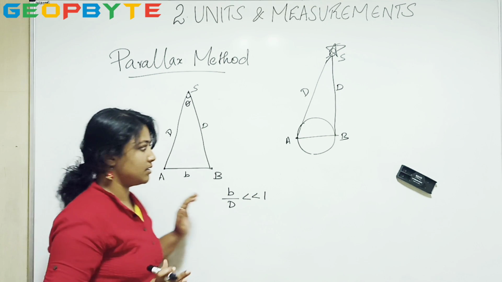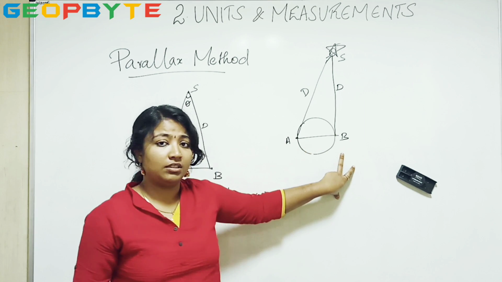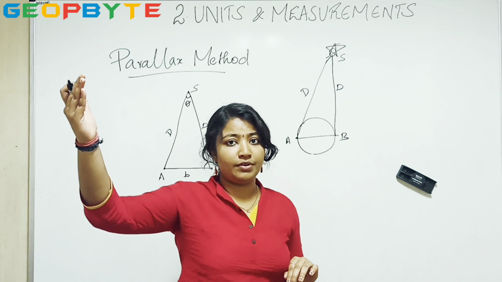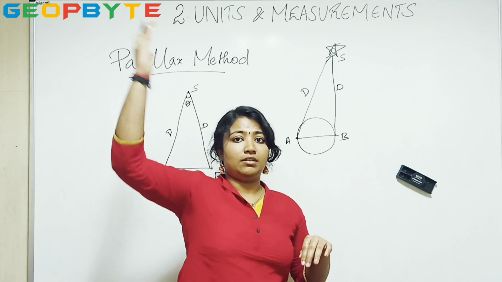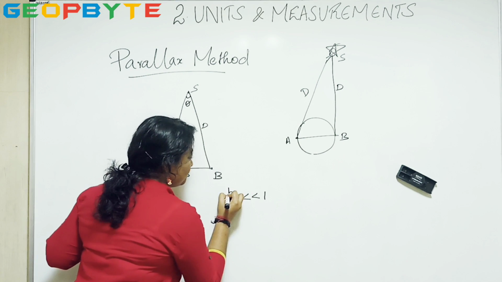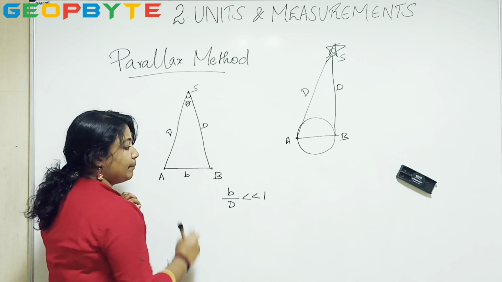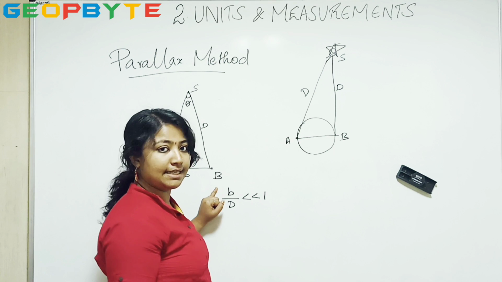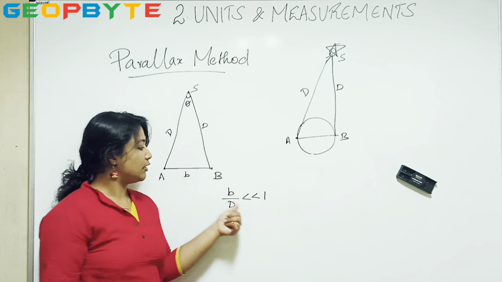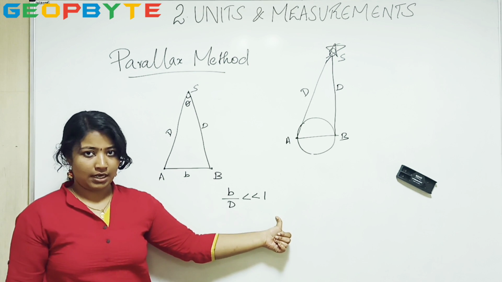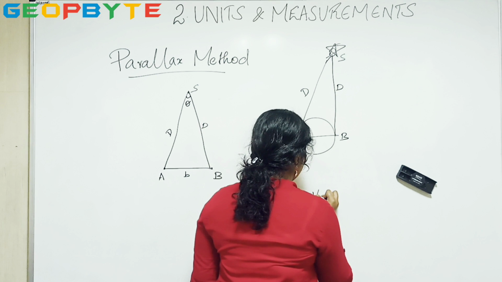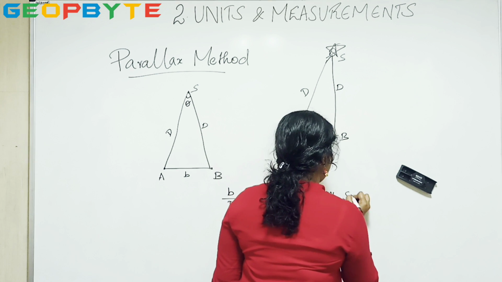Because AB is two points within the Earth, but this D is very much far away from the Earth. So the numerator will obviously be less than the denominator, so obviously it will be less than 1. Understood? Also, theta is very small.